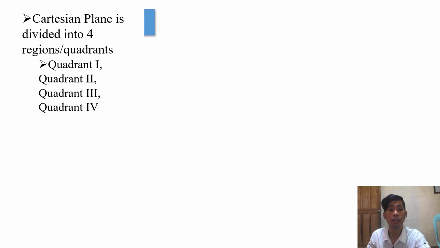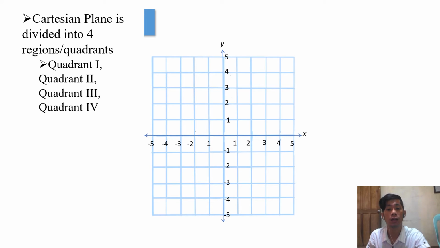Always remember that the Cartesian plane is divided into four regions or four quadrants, namely quadrant 1, quadrant 2, quadrant 3, and quadrant 4. Each quadrant represents an ordered pair with sign numbers.